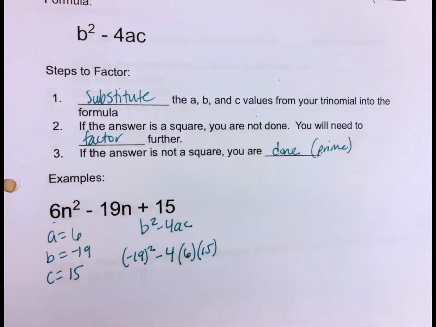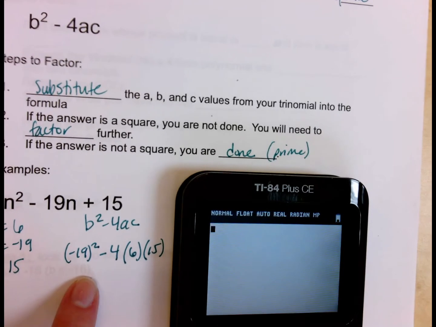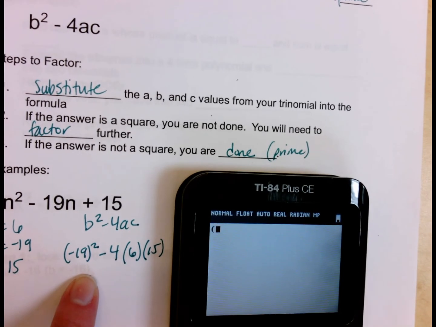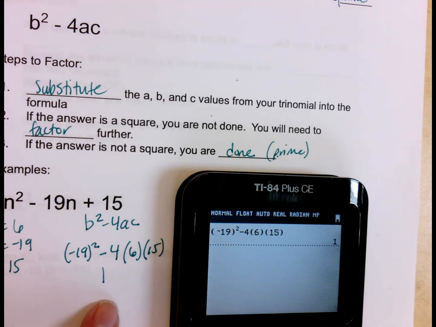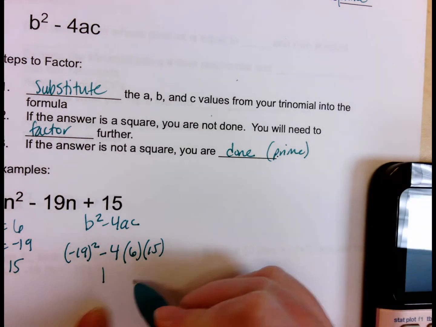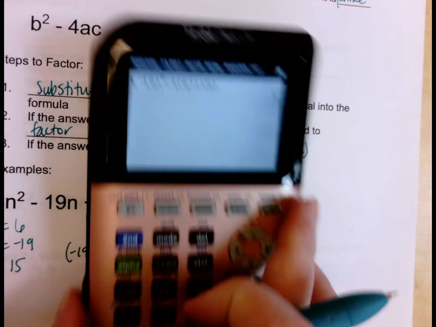Honestly, all we have to do is plug it straight into our calculator, and it's going to look just like this. We have parentheses, negative 19, close parentheses, square it, minus 4 multiplied by 6 multiplied by 15, and then press enter. And we come up with 1. Now to find out if 1 is a square or not, we do the square root of 1.